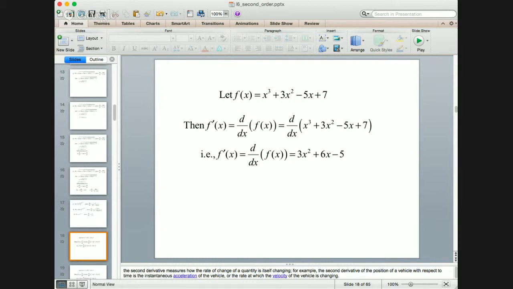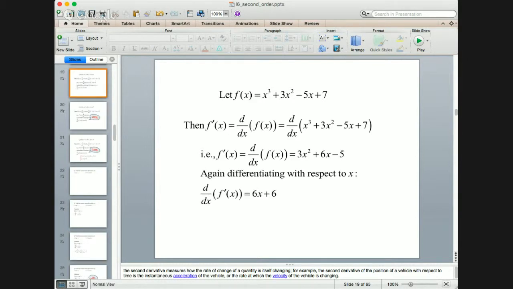So if I can again find the derivative with respect to x, what would happen? What will I get? In this case, f dash x is 3x squared plus 6x minus 5. And if I again differentiate, that is find the derivative of f dash x with respect to x, from a quadratic I have reduced it down to a linear polynomial now.